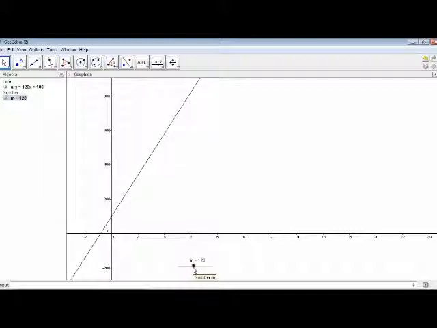So we have a line because in each case the rate of change stays the same. And different rates of change have different steepnesses of lines. So what does that mean for us?